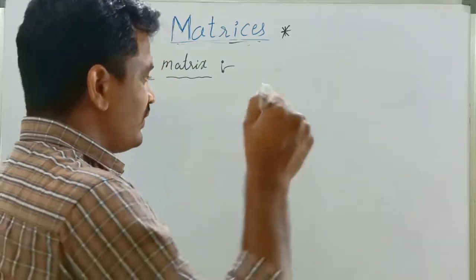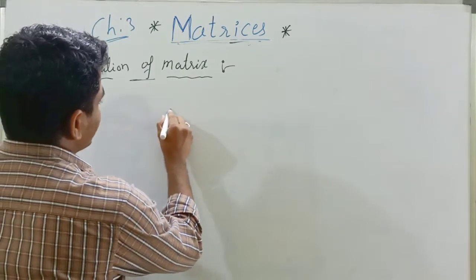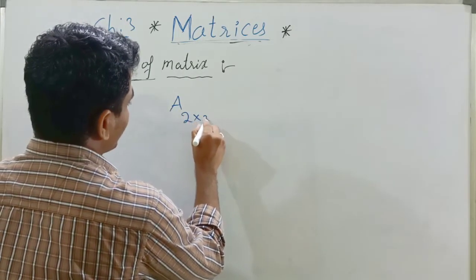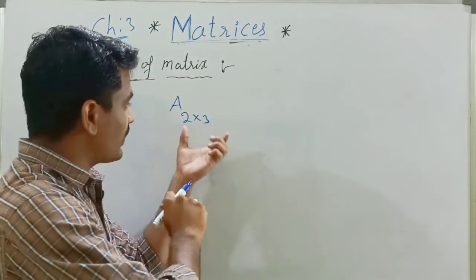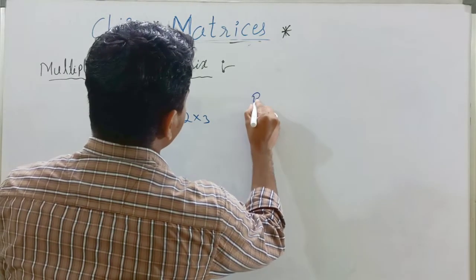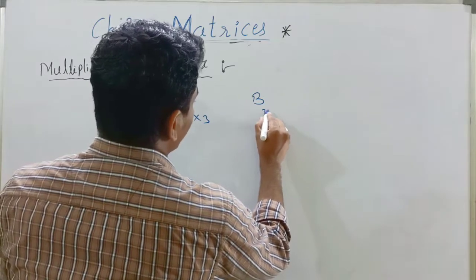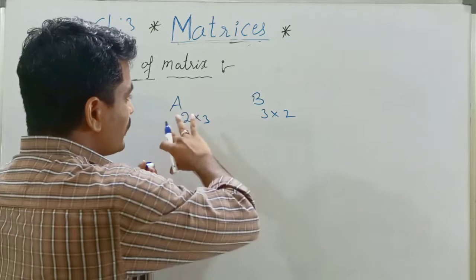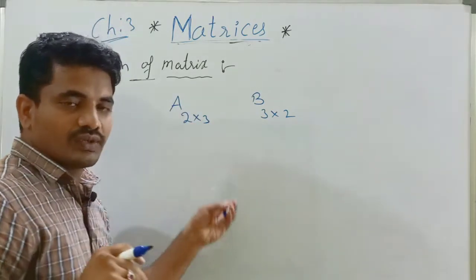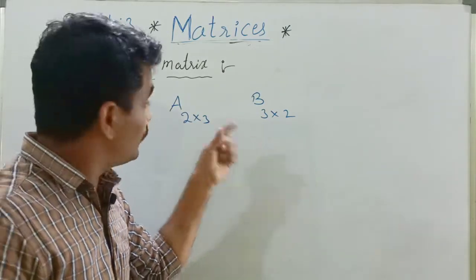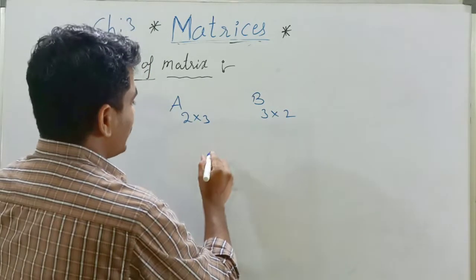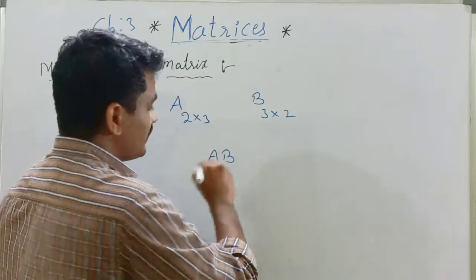So what is the rule? For example, if A is a matrix of order 2 by 3, and B is another matrix of order 3 by 2, can we multiply these two matrices? A into B we can do.